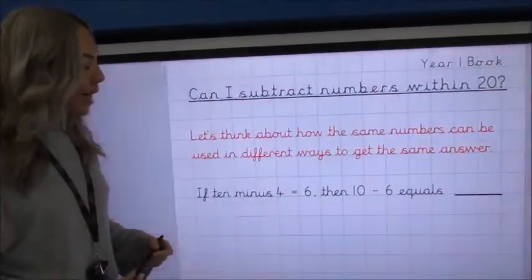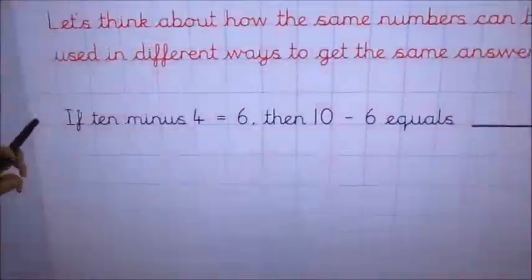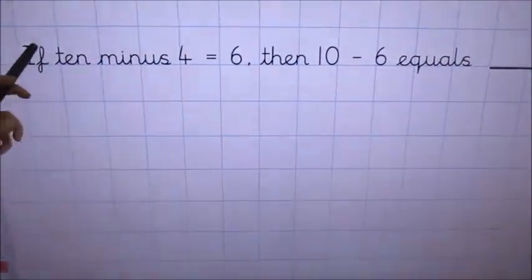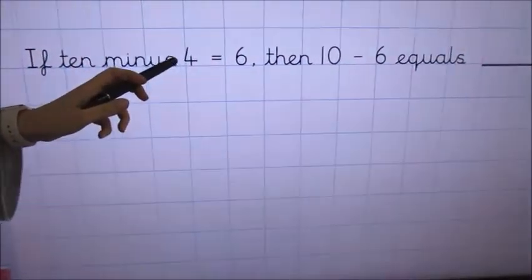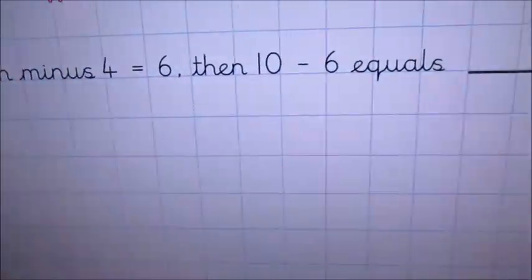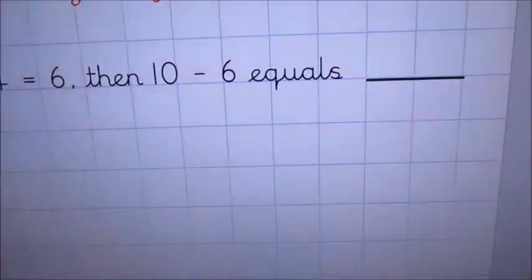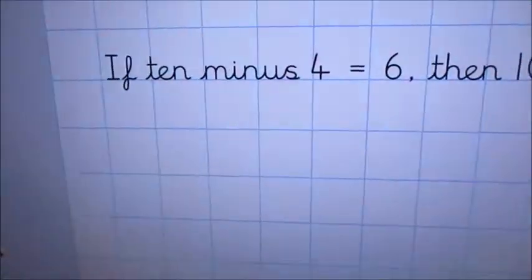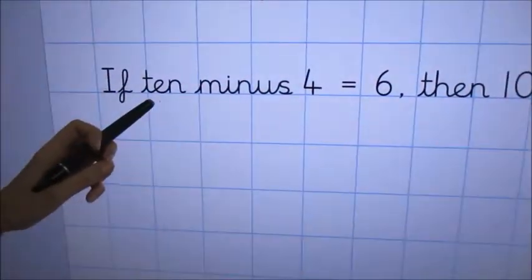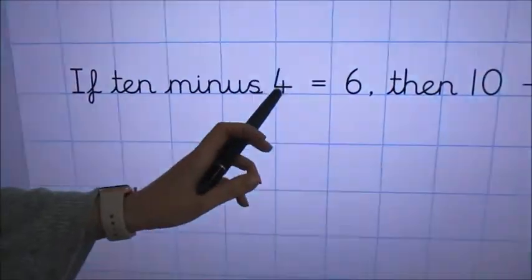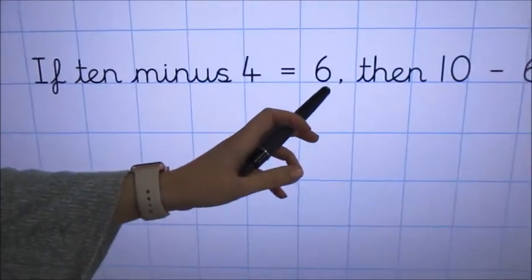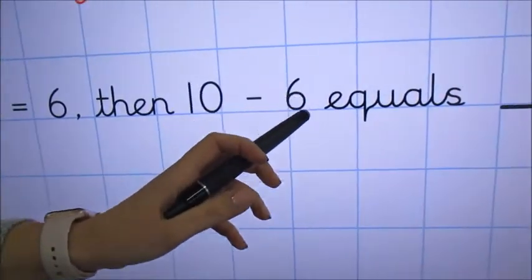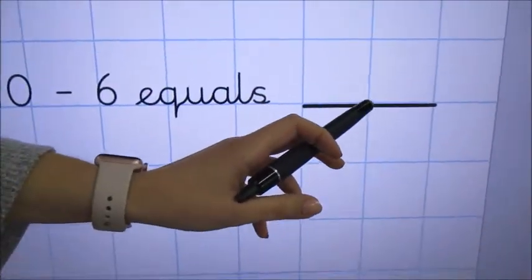So looking at the example then from your workbook, we've got here a mixture of vocab, so a mixture of words and numbers. So it's really important that we look back, remember our vocabulary, so that we know how to solve the problem. So I'm going to read it for you. If 10 minus 4 equals 6, then 10 minus 6 equals what?